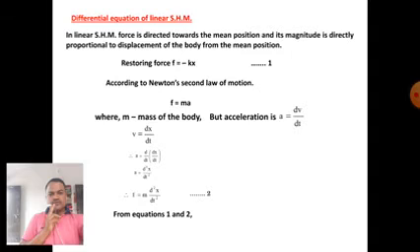But F is equal to minus kx. Comparing equation 1 and 2, we get m d2x upon dt square is equal to minus kx, because the left sides of equation first and second are the same, so we can compare as per the mathematical rule.